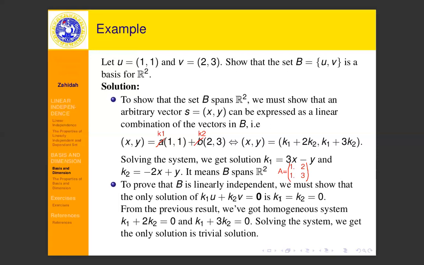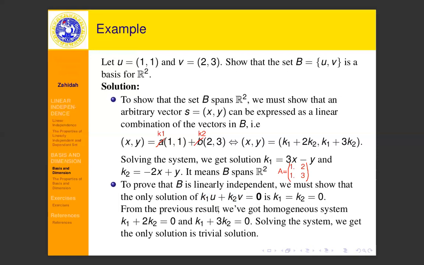Okay, if we want to show that the set B is linearly independent, the solution for the system is the trivial solution. So we have k1, k2. Yeah, this is right. This one, our system, k1 times u plus k2 times v equals the zero vector. The solution is only k1 and k2 are 0.